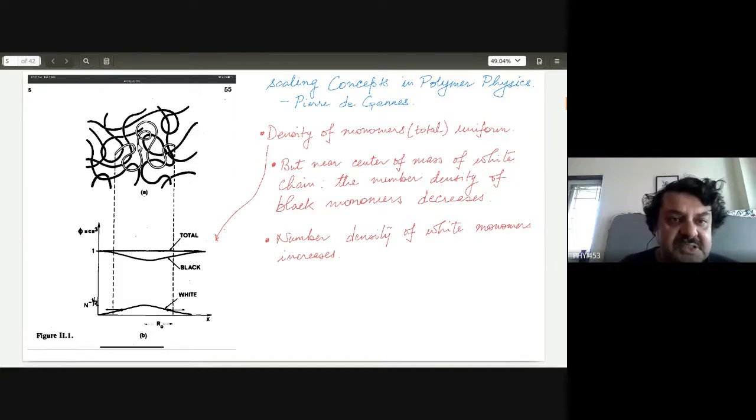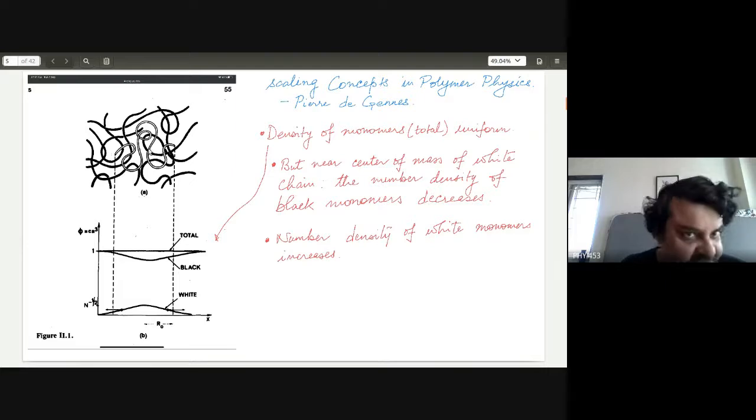What has been plotted in the plot below is the density of monomers as you go across this region. And what you're going to see is that the density of the white monomers gradually increases as you approach the center of mass of this white polymer chain, and correspondingly there are fewer black monomers.